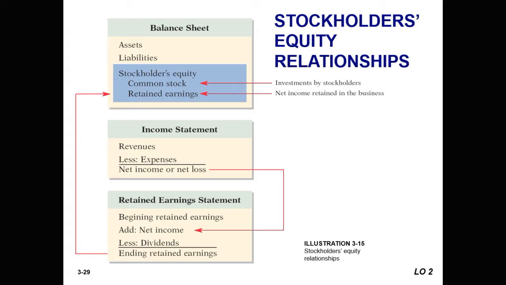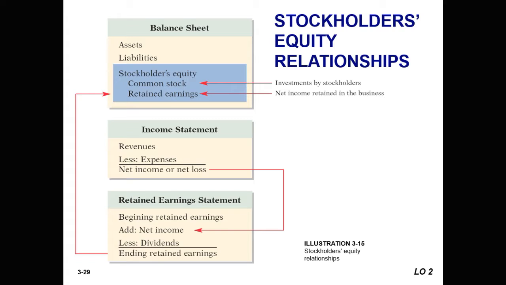So how this works, your stockholders' equity is comprised of two key elements on the balance sheet. That is your common stock, that is the actual investment by stockholders. So when a stockholder gives you cash, they're increasing their equity. Then we have retained earnings. Retained earnings represents net income that is still currently retained in the business. Those are the basic stockholders' equity accounts. However, retained earnings is complicated.